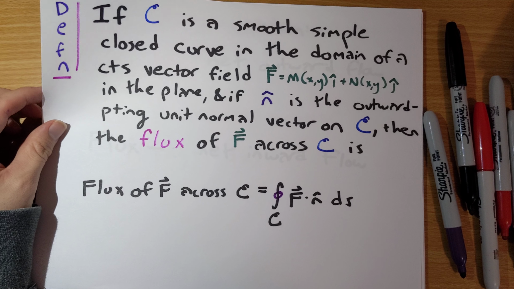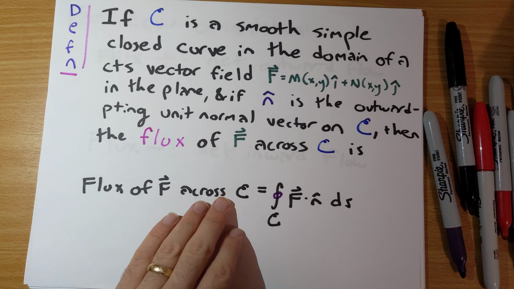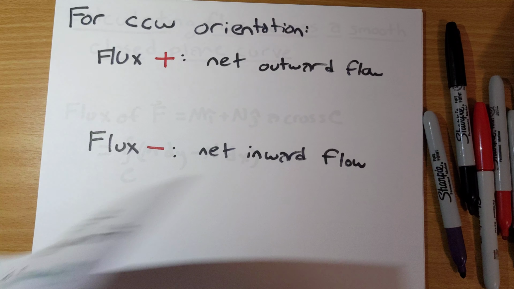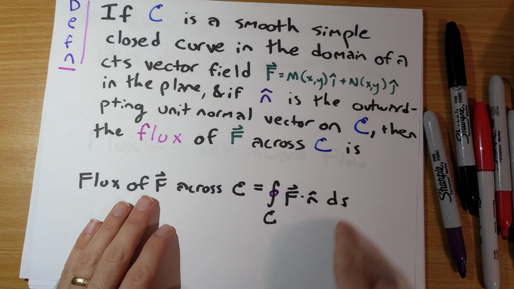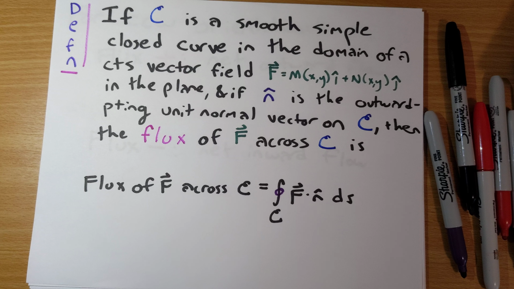The interpretation here, because we have an outward pointing normal vector with dot products, is that assuming we're orienting things counterclockwise, which we really should be doing, if flux is positive, that corresponds to net outward flow. If flux is negative, that corresponds to net inward flow. Okay, so this is our definition of flux based off of the drawings that we had.